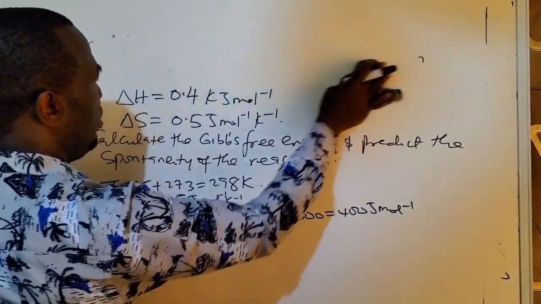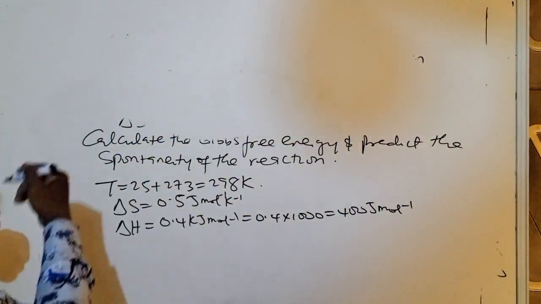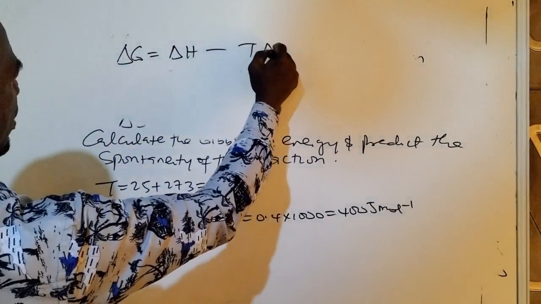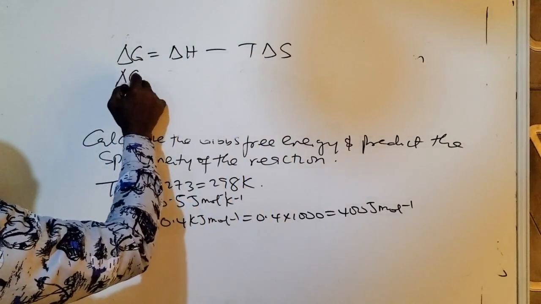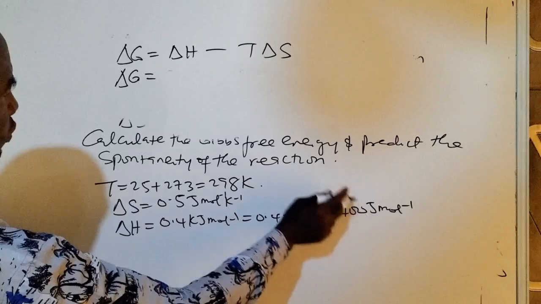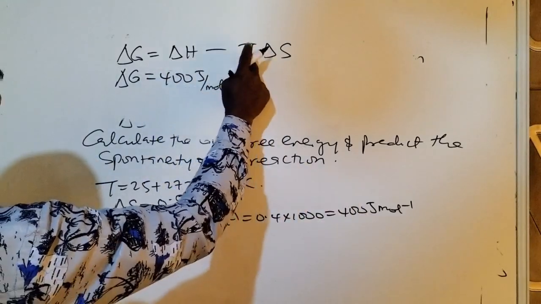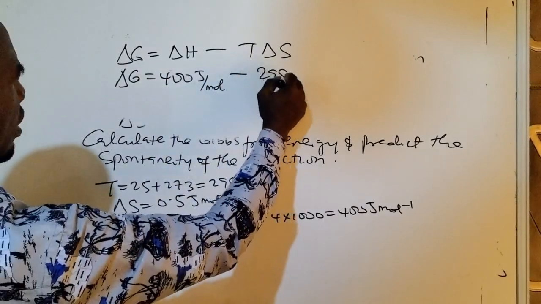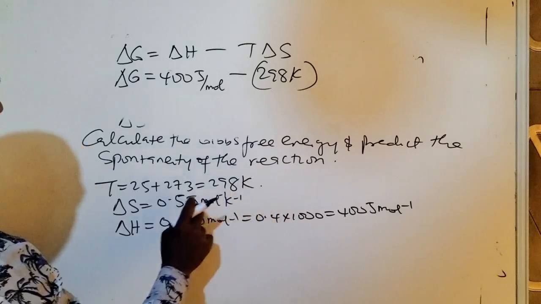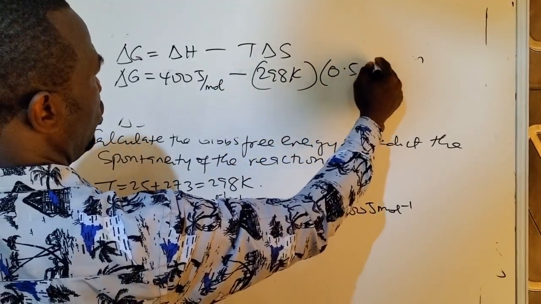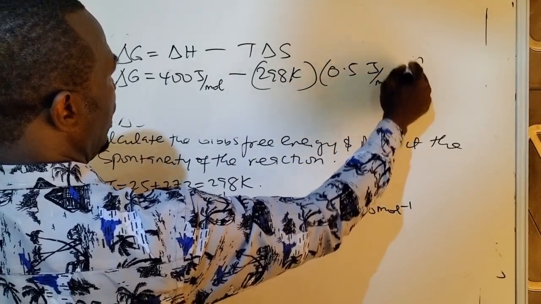Having done that, we now have the Gibbs free energy, delta G equals delta H minus T delta S. Make our substitution. The value of delta H, the enthalpy, is 400 joule per mole, minus temperature 298 Kelvin, times entropy change 0.5 joule per mole Kelvin.